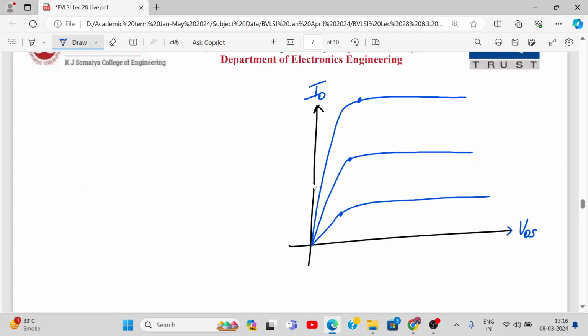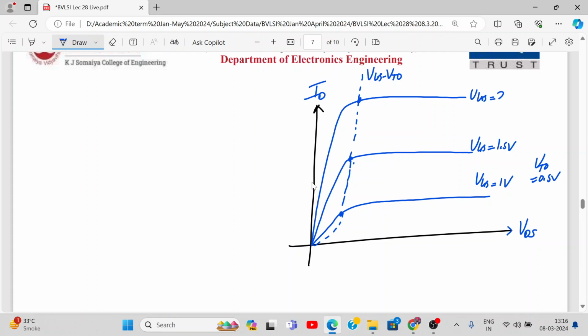I had said this, right? So this curve is called the locus of these points. What do we call this curve, son? This is called the VGS minus VTO locus. VGS minus VTO keeps changing, right, if VGS goes on increasing? This is VGS equal to let's say 1.5, VGS equal to 1 volt, where VTO is 0.5, let's say.